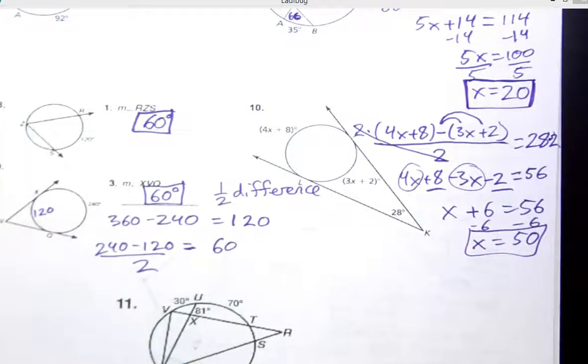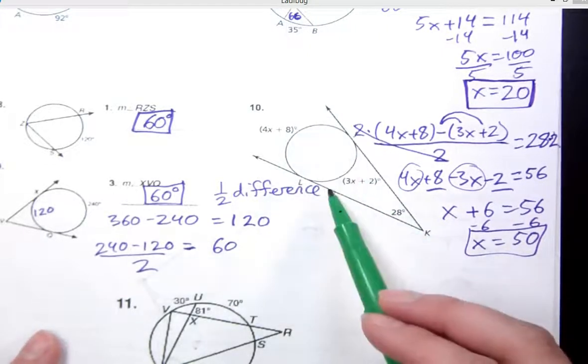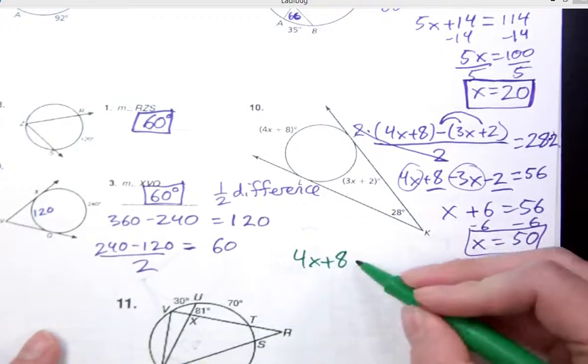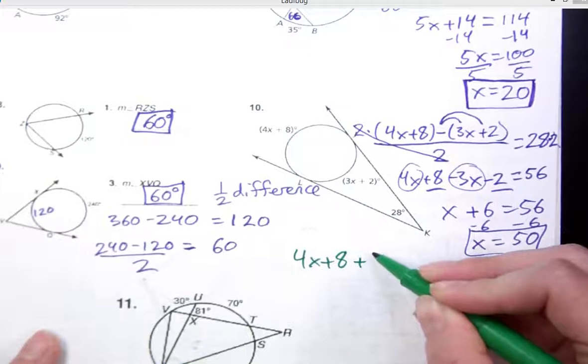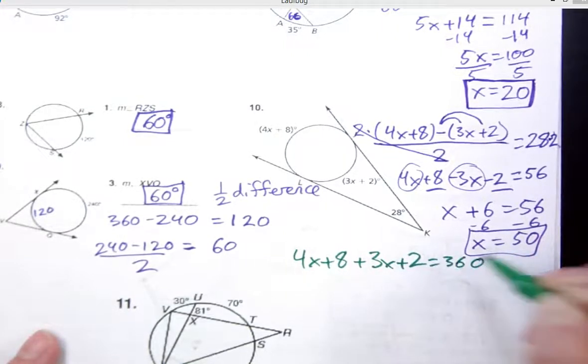Alright, and then what you guys were saying was instead we're going to just set it up to add those up to equal 360. So then we have 4x plus 8 plus 3x plus 2 equals 360.